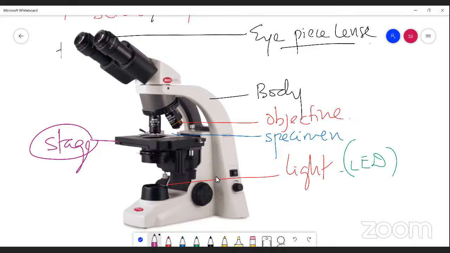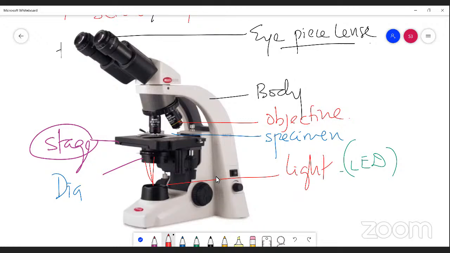Just next to the specimen, you can see the diaphragm. Actually, this is called a diaphragm. The diaphragm is a place that allows the light system, which emits from the LED bulb. This bulb emits light, and this light can be allowed by the diaphragm, so it either increases or decreases depending upon the specimen that we place under the microscope.